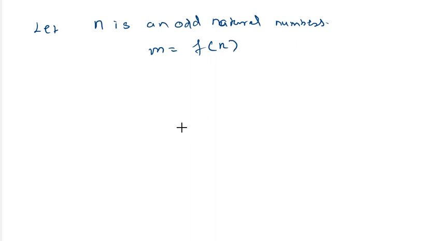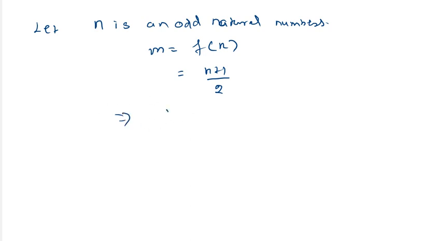Let n be an odd natural number. Then m equal to f of n. What is f of n? n plus 1 by 2.